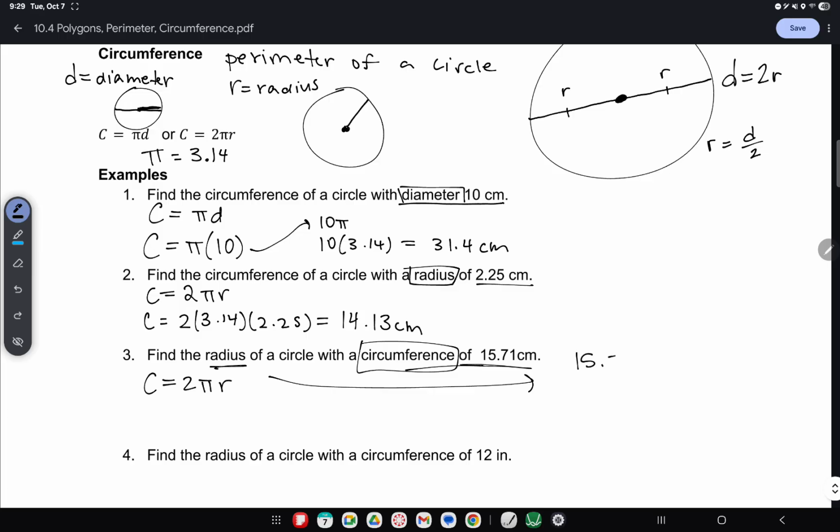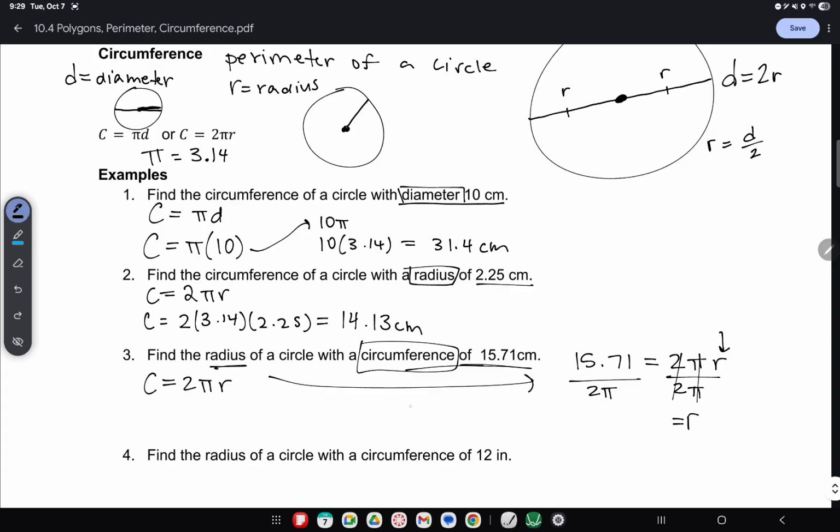So 15.71 equals 2 pi r. And now I want to get r by itself. So the 2 pi is held together with multiplication. So we can undo it with division, because then those will cancel. We're left with r equals. We're going to divide this side by 2 pi. So we're going to type this in the calculator.